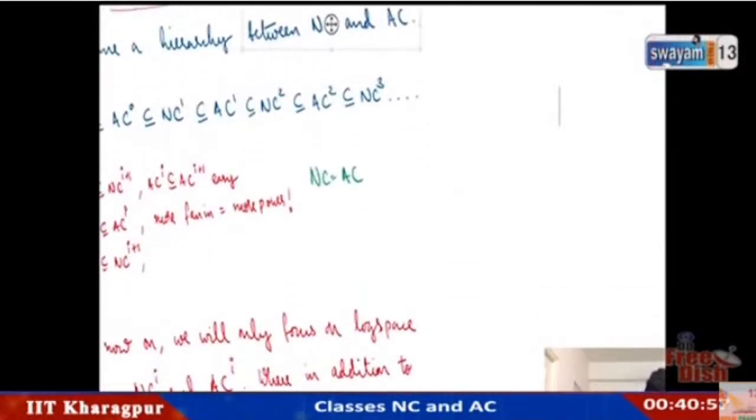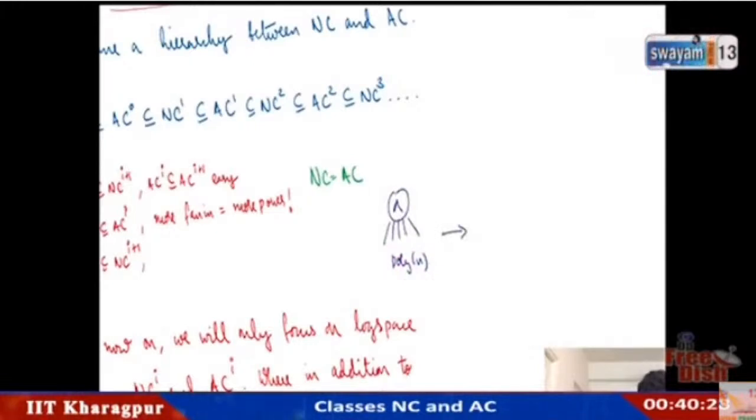So suppose an AC circuit had an AND gate that took poly n fan-in, right? What we can do is replace this gate with something like this.